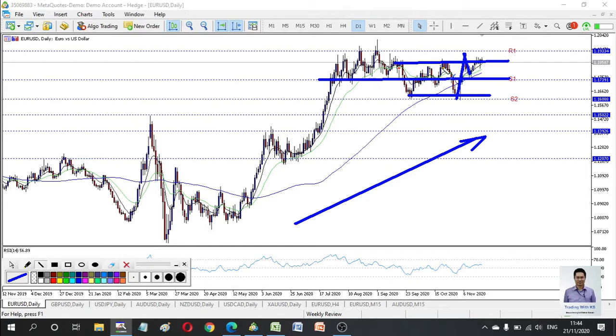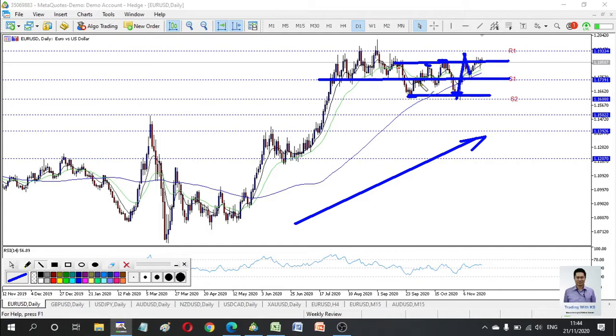If you are a professional trader, maybe you can catch the top and bottom. But generally for a beginner to medium trader, I don't encourage trading the sideways market.